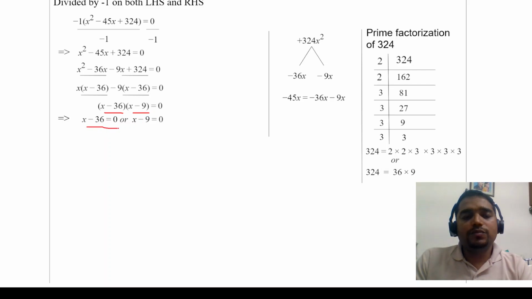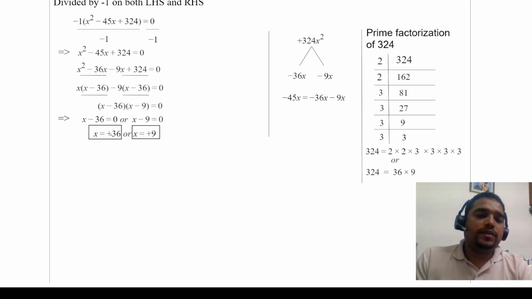That is, either x minus 36 is equal to 0 or x minus 9 is equal to 0. Minus 36 upon transpose would become plus 36. Similarly, minus 9 upon transpose would become plus 9. So this plus 36 we have got by transposing minus 36 to the RHS, and similarly minus 9 is transposed to the RHS to become plus 9.